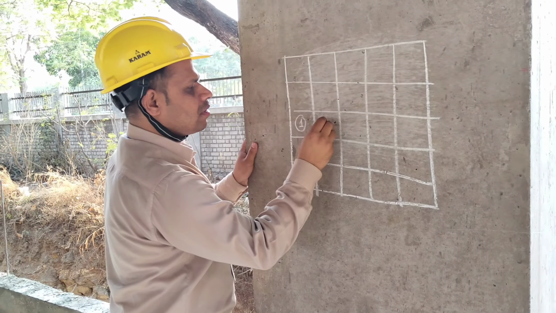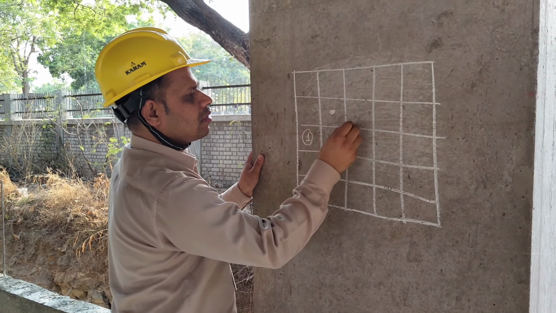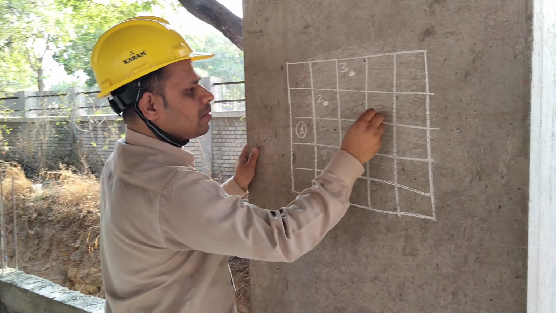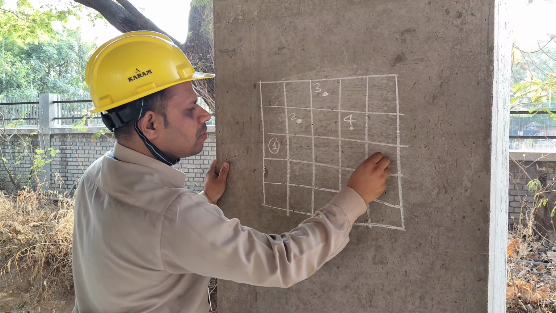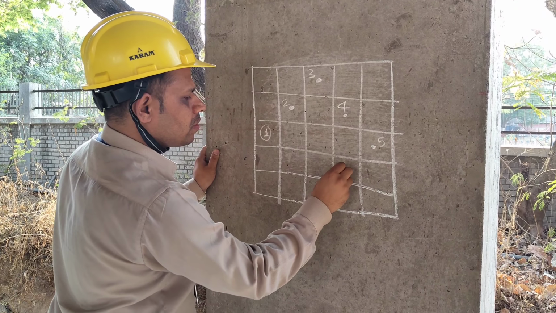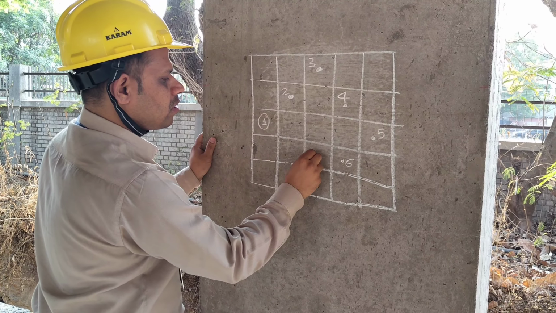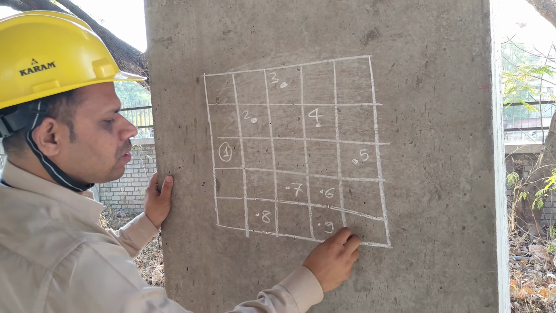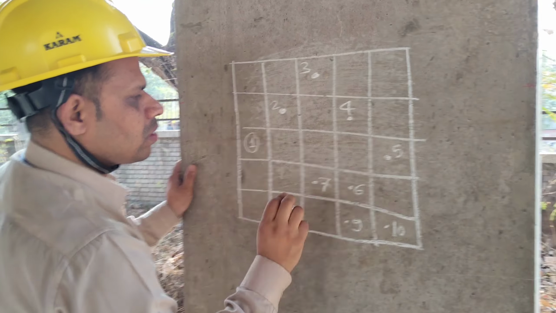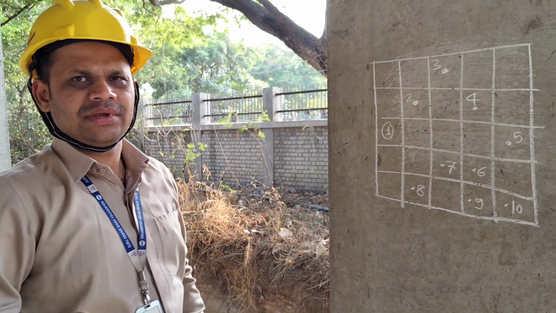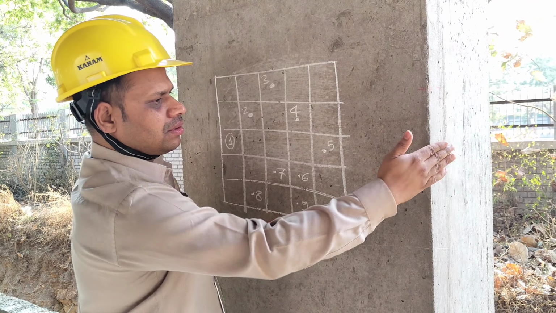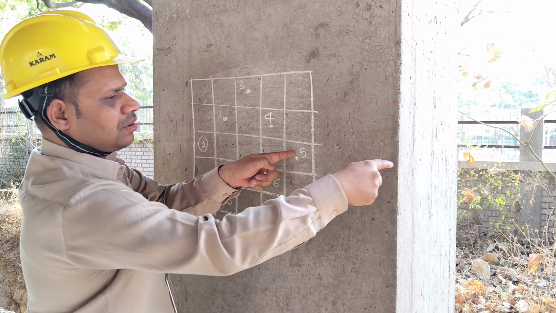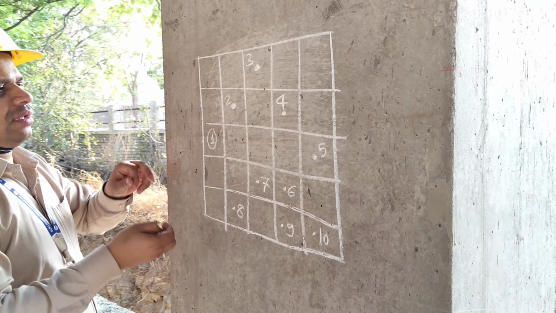Now mark the impact points and number them tentatively. I am considering a total of 10 impact points. The point of impact should be at least 20 mm away from the edge or shape of the discontinuity. From the discontinuity or the edge of any structural element, the impact point should be at a distance of 20 mm minimum.